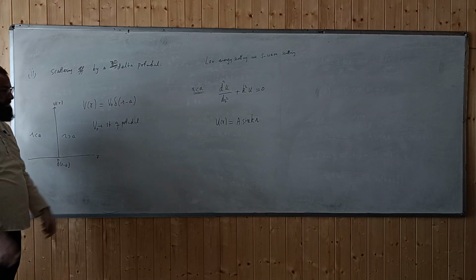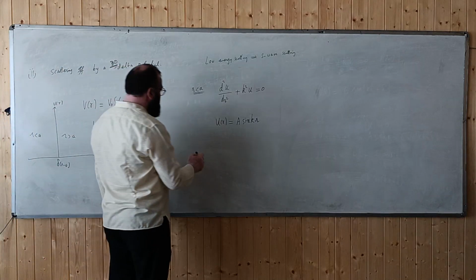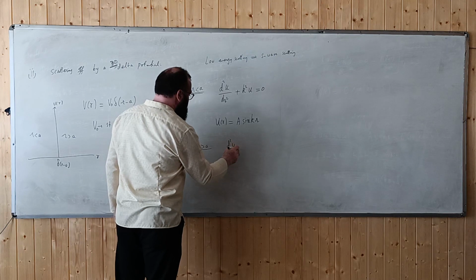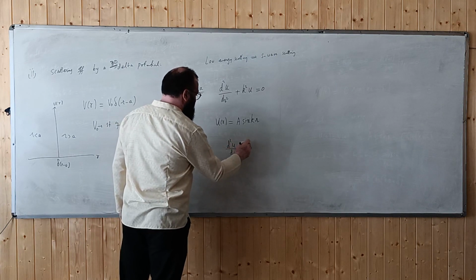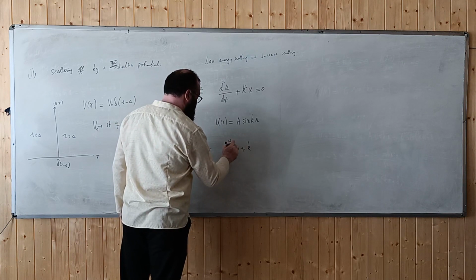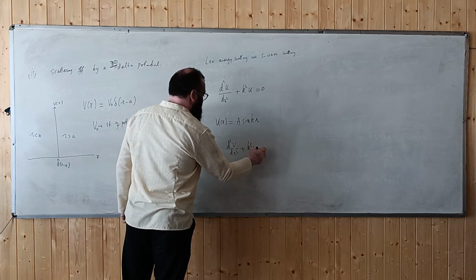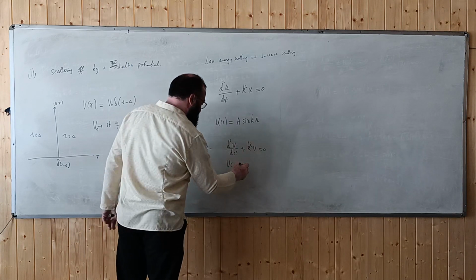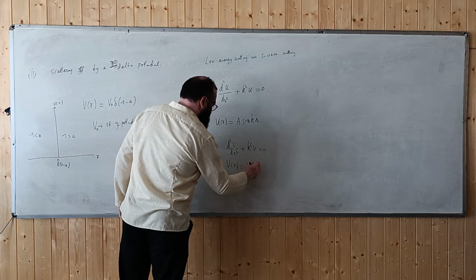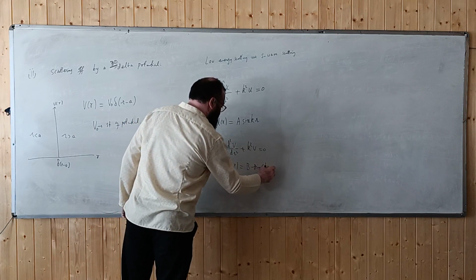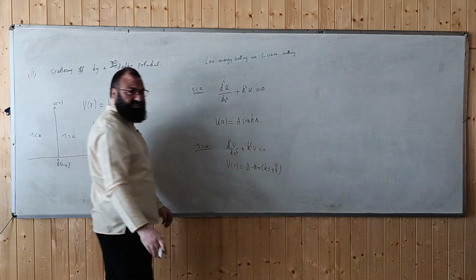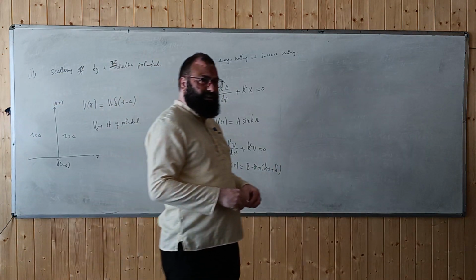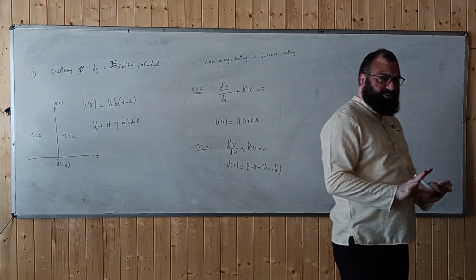For r greater than a, we have the same equation, d2u by dr2 plus k square u equal to 0. What will be u of r? For the outside domain, you simply introduce B sine of kr plus delta. So inside you don't put the delta, only for the external domain you put a delta.